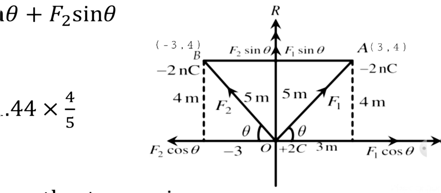Similarly in the next quadrant, minus 3 comma 4, look at the point B, there another minus 2 nanocoulomb is placed, minus 3 meter along the x-axis and plus 4 meter along the y-axis.